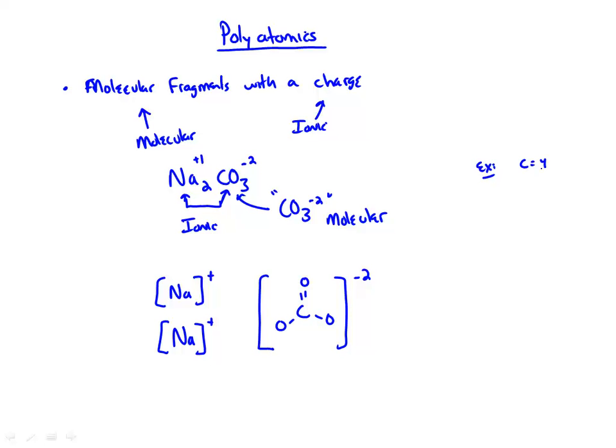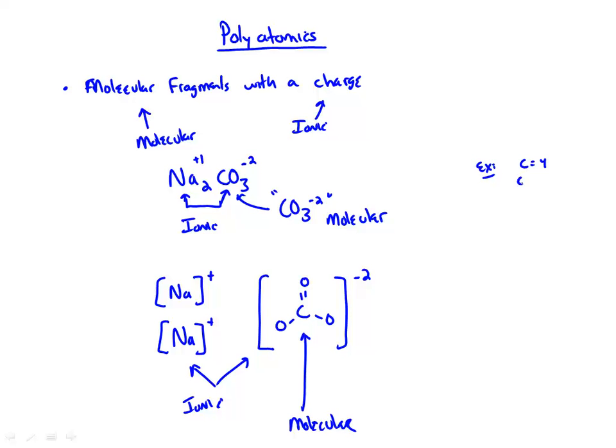Carbon is right. So this interaction here between the sets of brackets is ionic, right? And that CO3 part is molecular, meaning part of the molecule shares electrons and part of the molecule gains and loses electrons. Why is there a 2? To balance the charges, right? So it's Na2CO3.